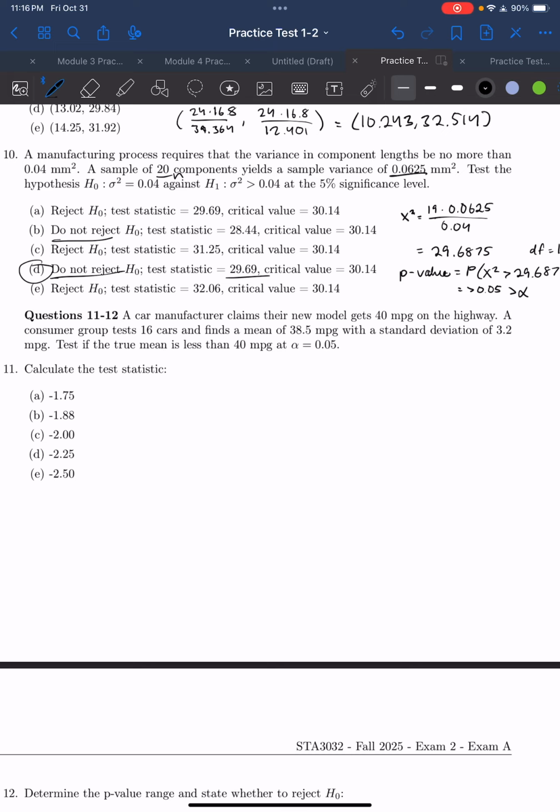And so we need to calculate our test statistic first. So since we're calculating our mean, and let's see, we only have our sample standard deviation over here, and we're only testing 16 cars, so that means we want to use a t-test.